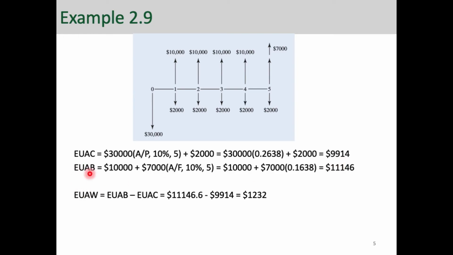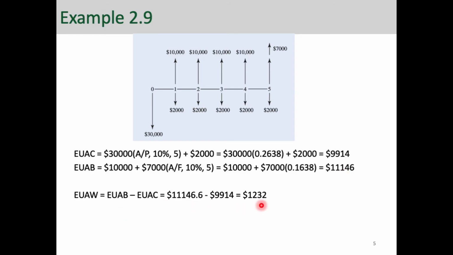And the benefits, same way, $10,000 is already in terms of annual, and $7,000 is a future value. So we're using this factor of A given F to convert it to an annual value, and then we're adding them up, and it's about $11,000 annual benefit.